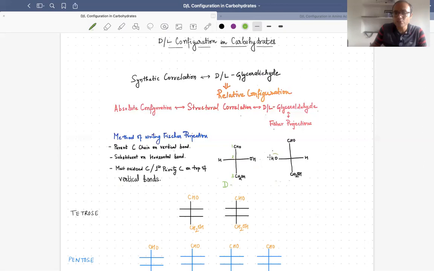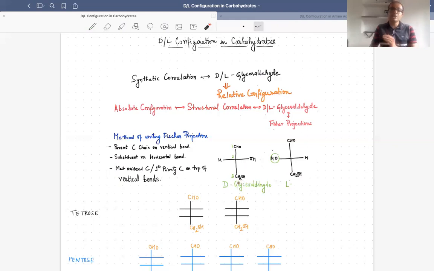Similarly, when the OH group is on the left side of the Fischer projection, written in this particular format, this would be your L-glyceraldehyde. So this is the formula for the L-glyceraldehyde. This is the formula for the D-glyceraldehyde.